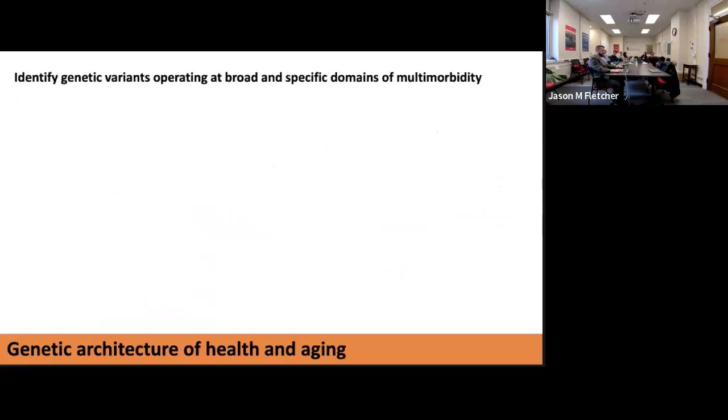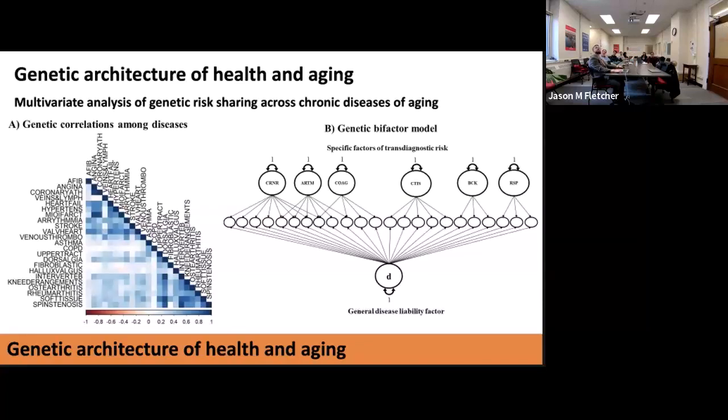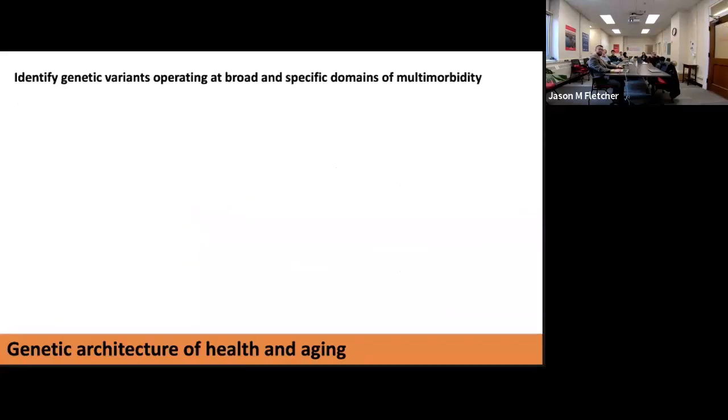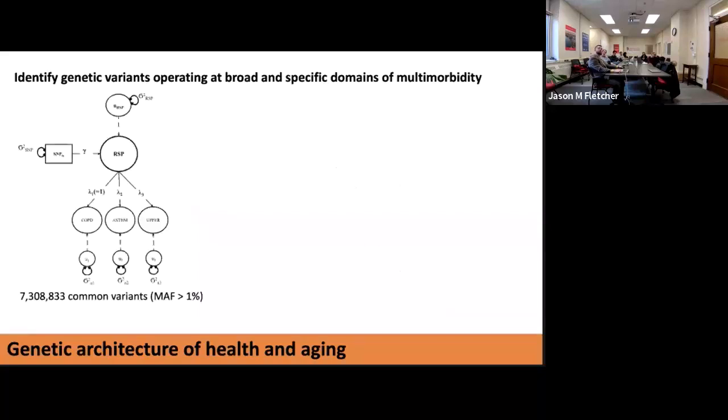So the next step is to perform multivariate GWAS discovery on these broad factors of genetic risk sharing. So basically incorporating individual variants in the model to identify regions in the genome with broad effects on multiple chronic conditions. We have already done that using the respiratory factor, which, because it was one of the more simple factor solutions, only has 3 indicators.